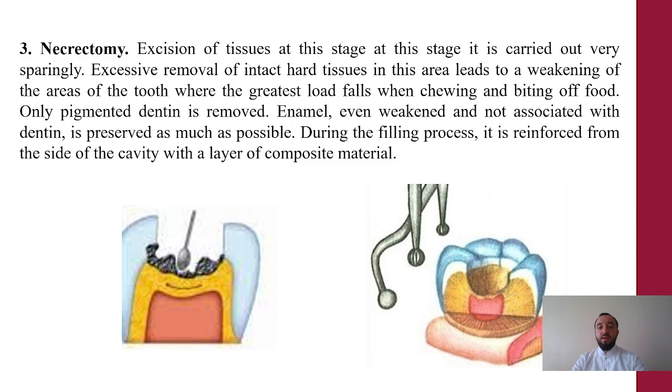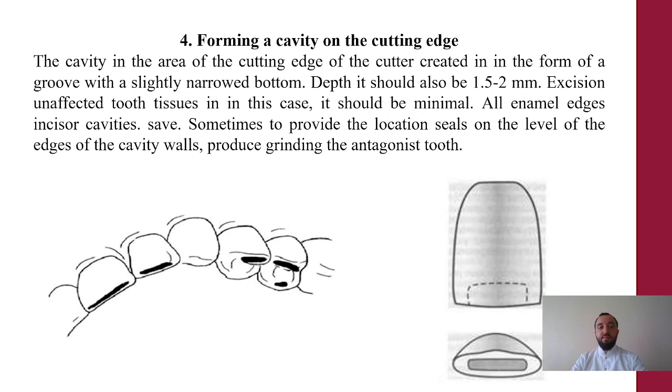For forming a cavity on the cutting edge, the cavity in the area of the cutting edge of the incisor is created in the form of a groove with a slightly narrowed bottom. The depth should also be 1.5 mm.